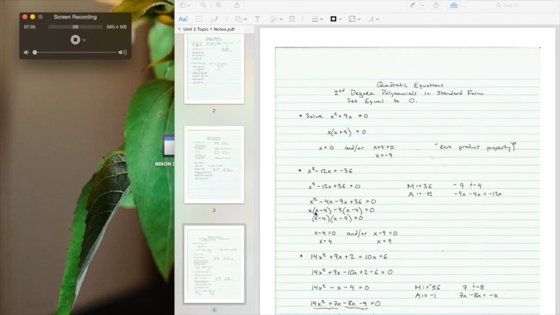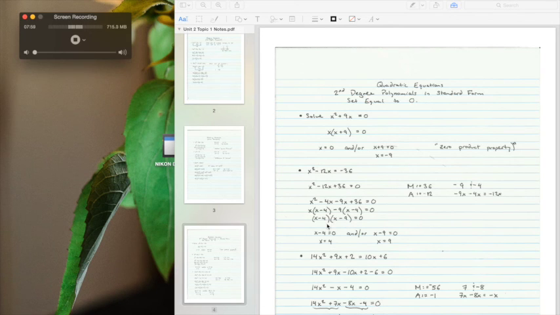Now I have 2 terms on the left-hand side, and they do share a common factor, x minus 4. I'm going to pull out the common factor, x minus 4, divide the first term by it, and I'm left with this x. I'll write it here. And I will divide the second term by my common factor, x minus 4, and I'm left with negative 9. I will write that here.